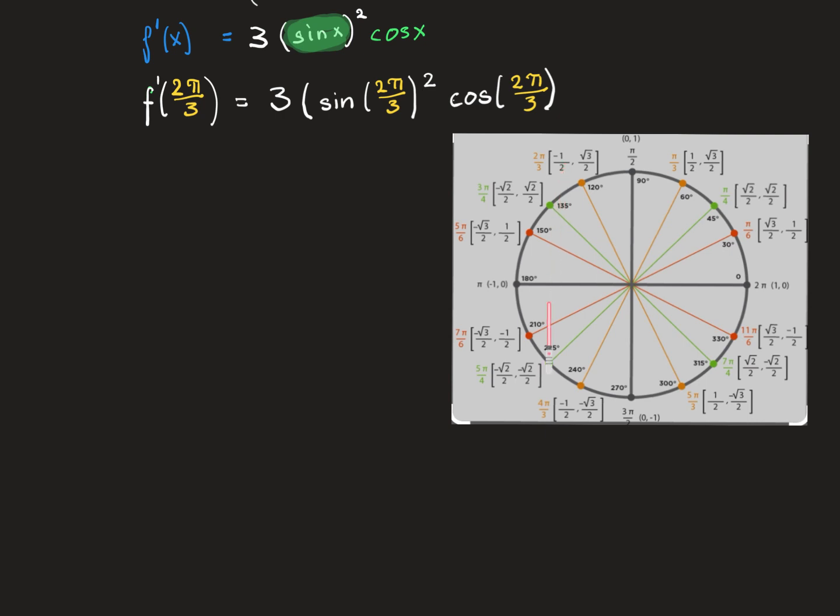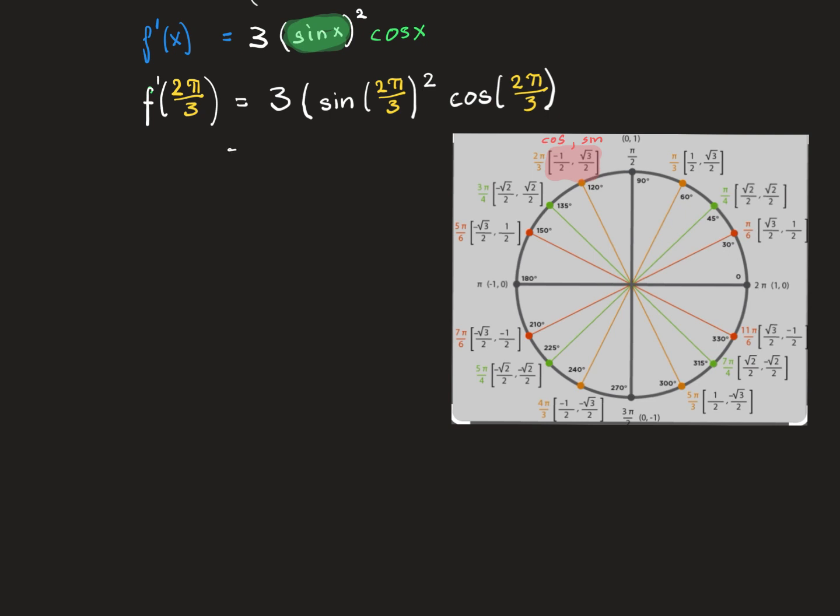Minus a half stays the same, but root 3 on 2, in the third quadrant, changes to minus root 3 on 2, and so on. And so we can see that when our value of x is 2 pi on 3, the values of cos and sine will be here.